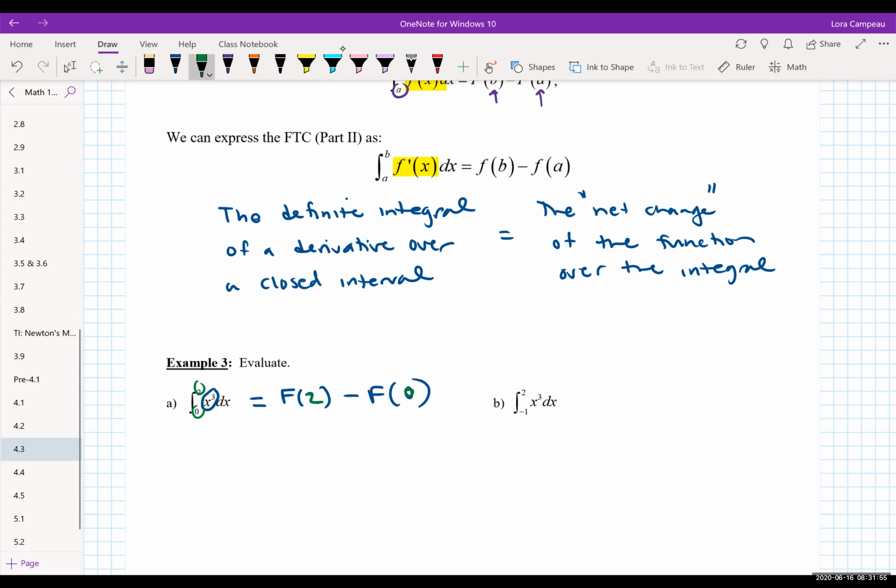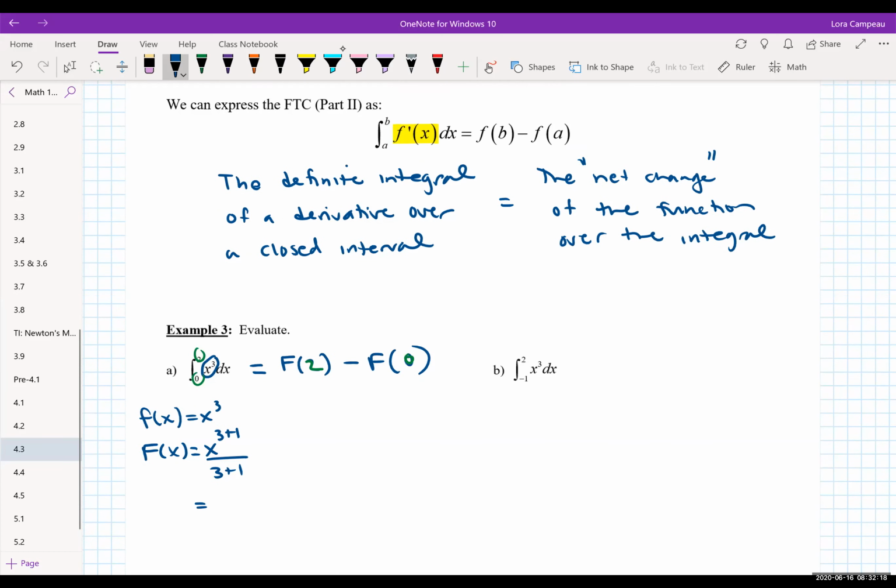A lot of times, there's more than one way. I'll show you the notation. When we first start off, we say f of x was equal to x cubed. Our antiderivative, if you remember, for a power function, you add 1 to the power and divide by the same thing. Some of you already noticed a pattern in 3.9, that it's x to the 4 over 4. Well, what does that tell us to do?